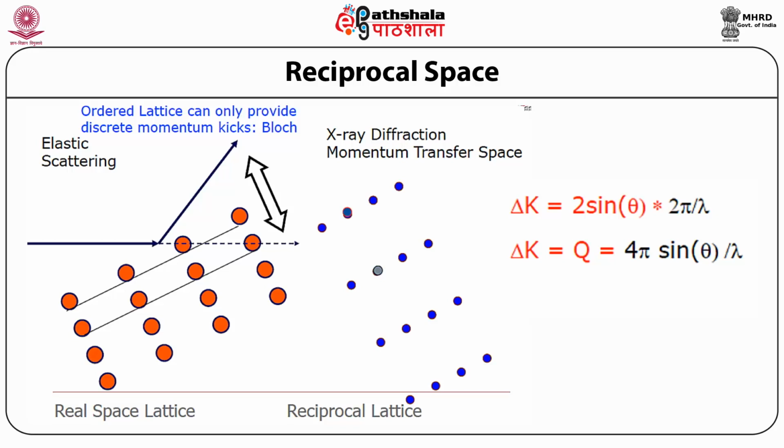This situation is reverse to what you see in the real lattice. So this illustrates that in real space, if the atoms are close by, in reciprocal space they will be far, and if you have far lattice points in real space, in reciprocal space they will be at a smaller distance. That is how you can correlate between real space lattice and reciprocal space lattice.